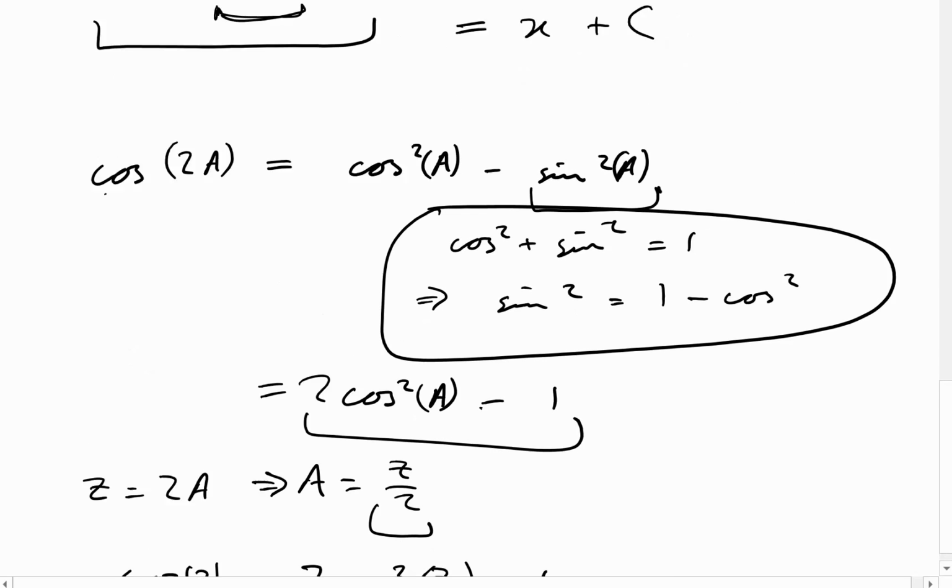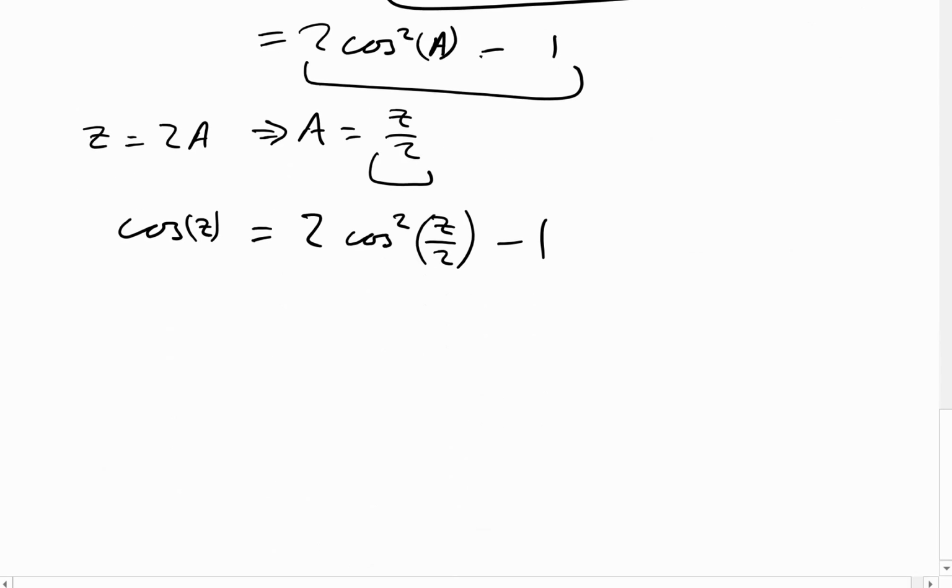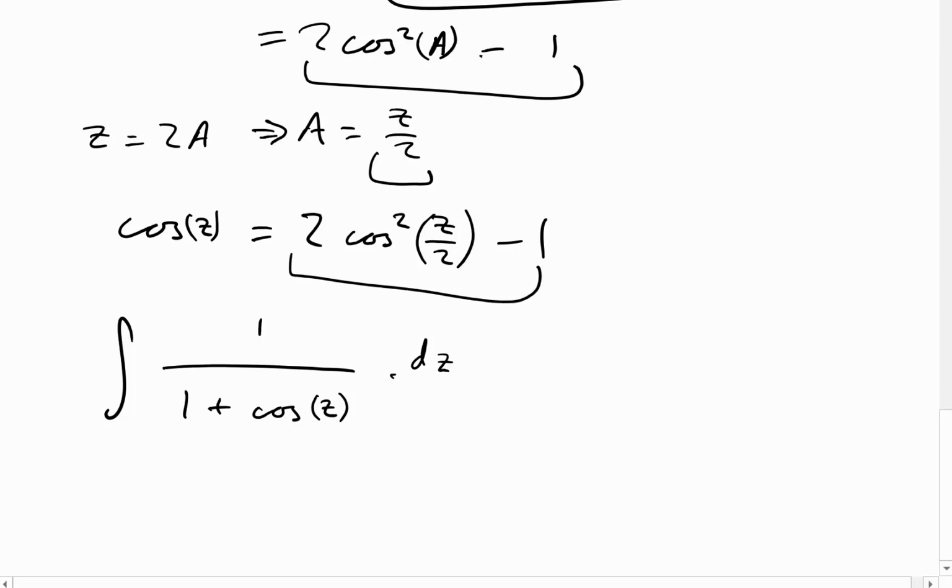Now if I make a substitution in this left-hand side, I'm just going to consider this integral: the integral of 1 over 1 plus cos z, dz. Well, I've just said that cos z is equal to this thing, so it's plus 2 cos squared z over 2, minus 1. The 1 and the minus 1 just cancel out, so I'm left with 2 cos squared z over 2.